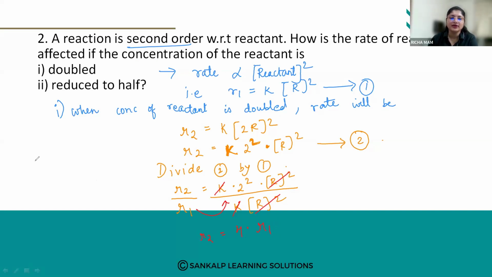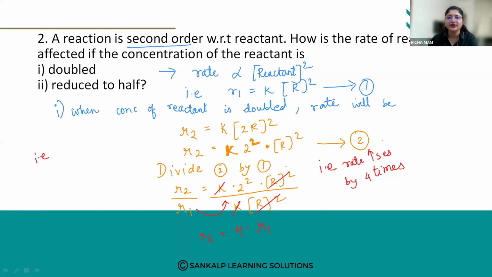So what will happen? Therefore, I'll write here, rate increases by 4 times. So when the reaction is second order, what will happen?